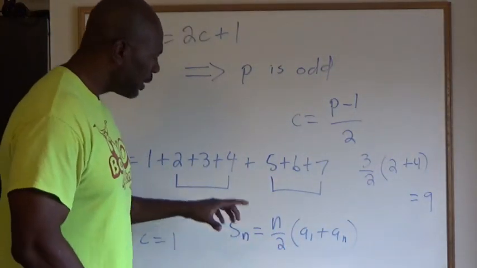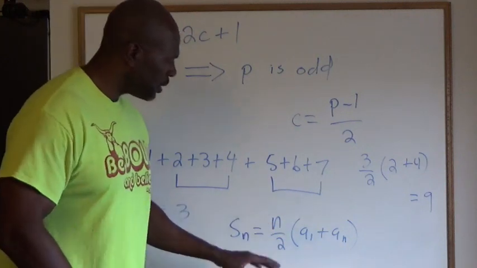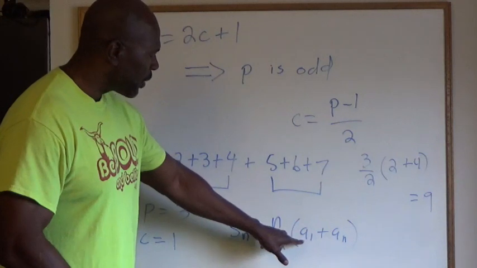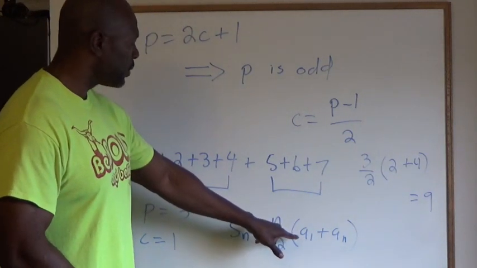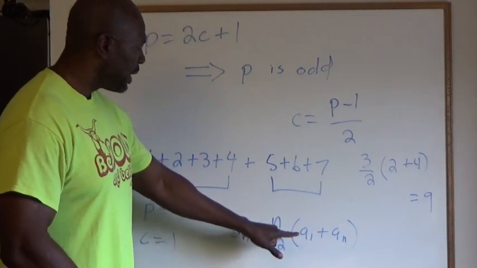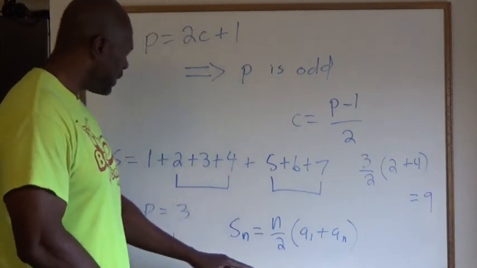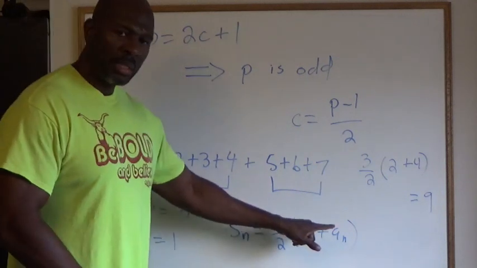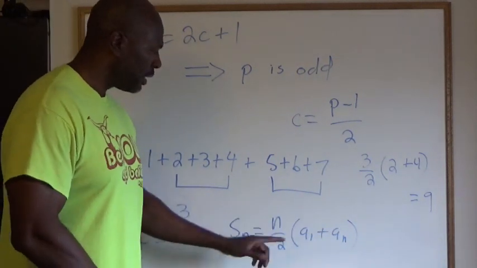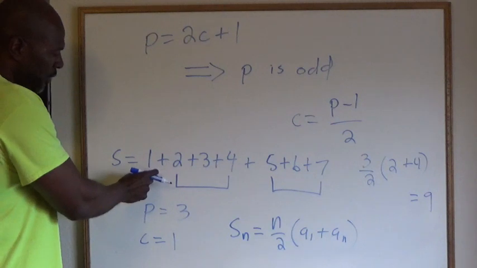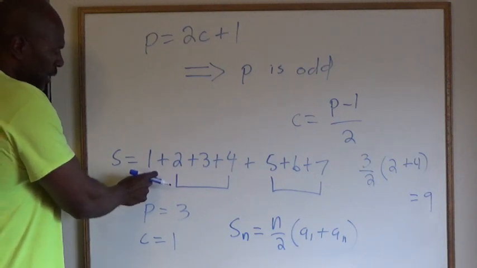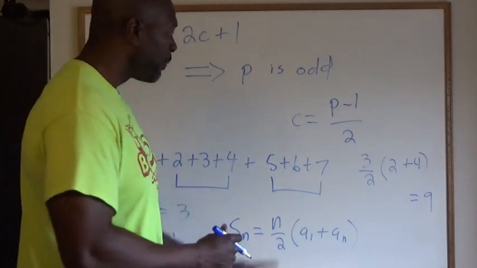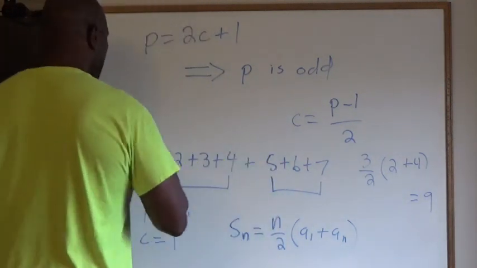So for every sum we do, again, our n is going to be p. Now for our first partial sum, our first partition, a1 is going to be the number after c. Again, c is the number that's being cut off from the first partition. So we're going to do the sum for the first partition.